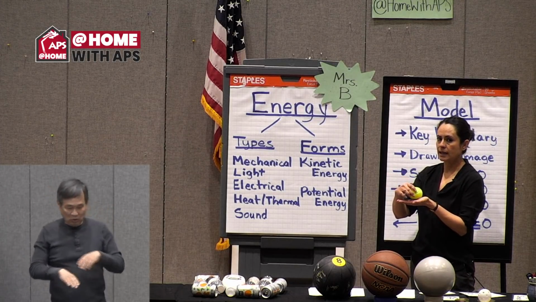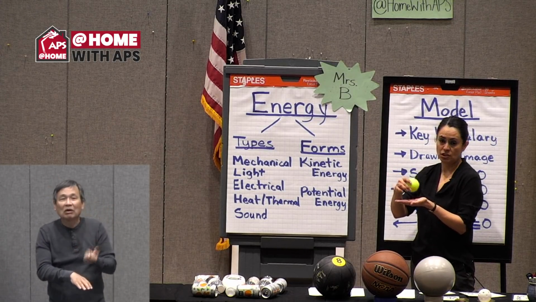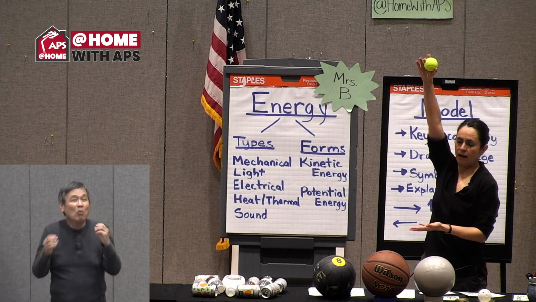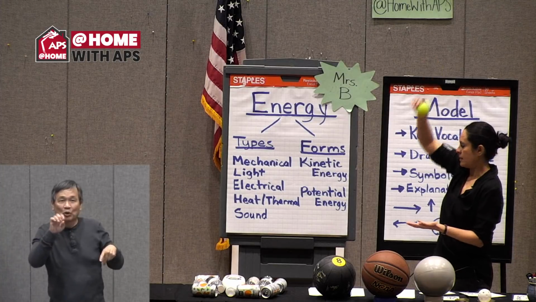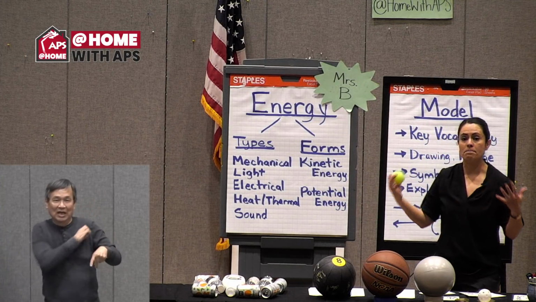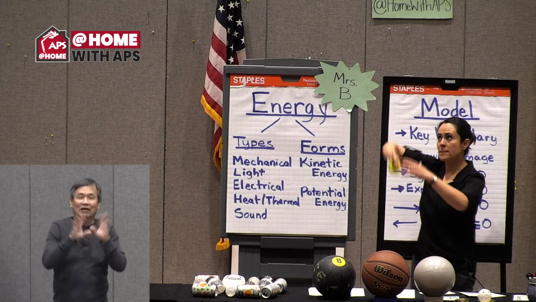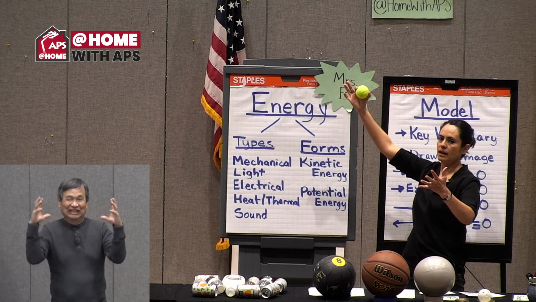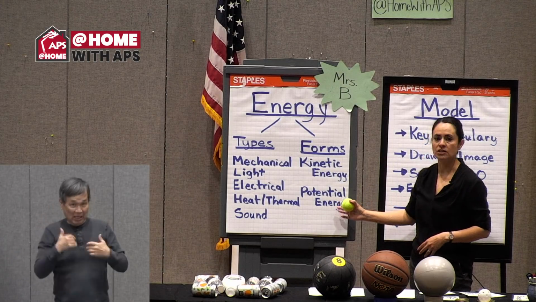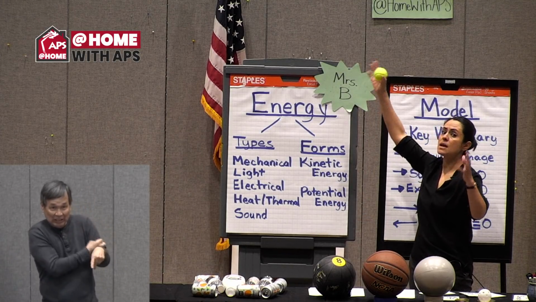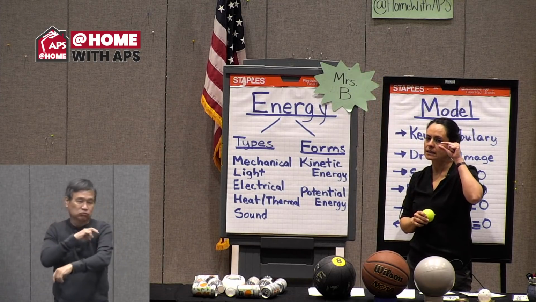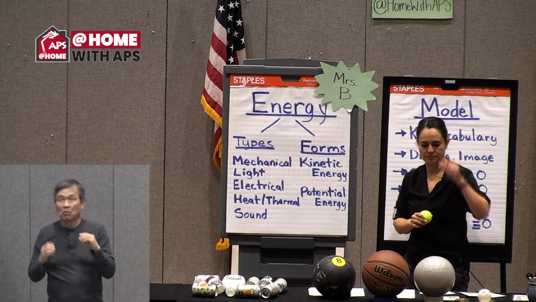Would it take less energy to stop it? So the greater the height of an object, then the more potential energy it's going to have. And also the more mass an object has. A big giant rock on a hill versus a tiny little pebble on a hill. Which do you think has more potential energy? That big rock is going to have a lot more potential energy than the tiny little pebble.